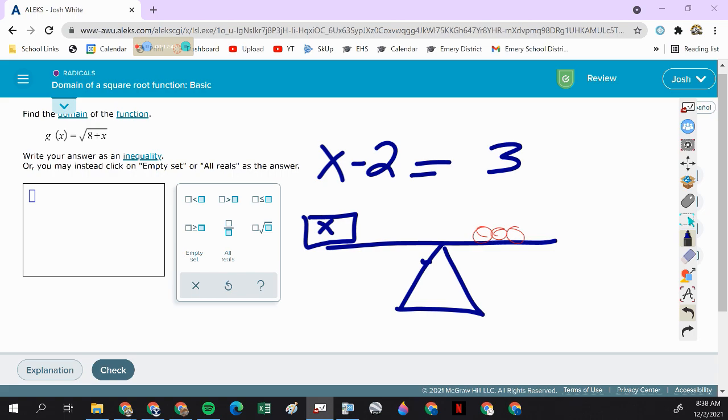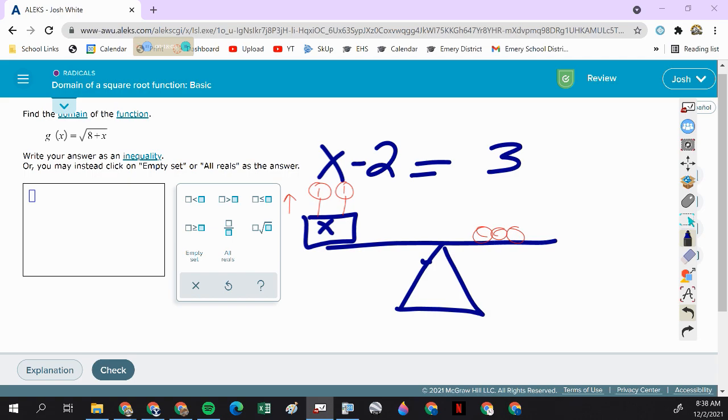Well, it's not pulling down like all of the other weights. It's pulling up. So what I have is a balloon that has 1 pound of force in the vertical going up. Does that make sense? So now it's balanced.